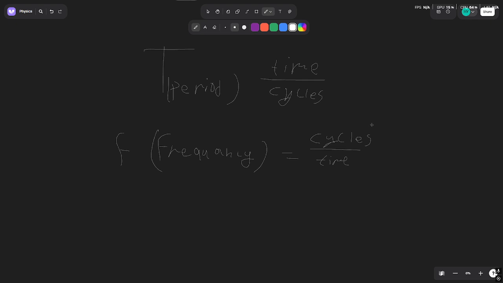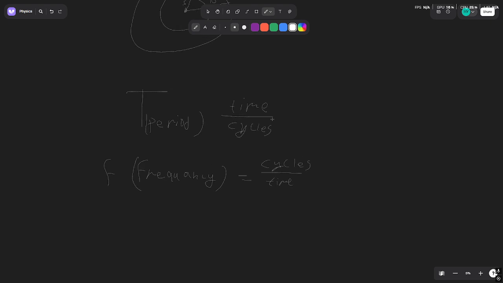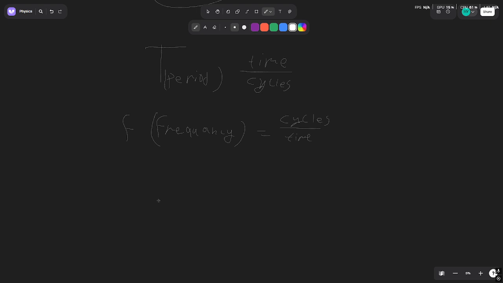And now we are getting a few new formulas. At first, we can find period from the frequency. Why not? So period equals 1 divided by frequency, yeah? Yeah, it's logical.